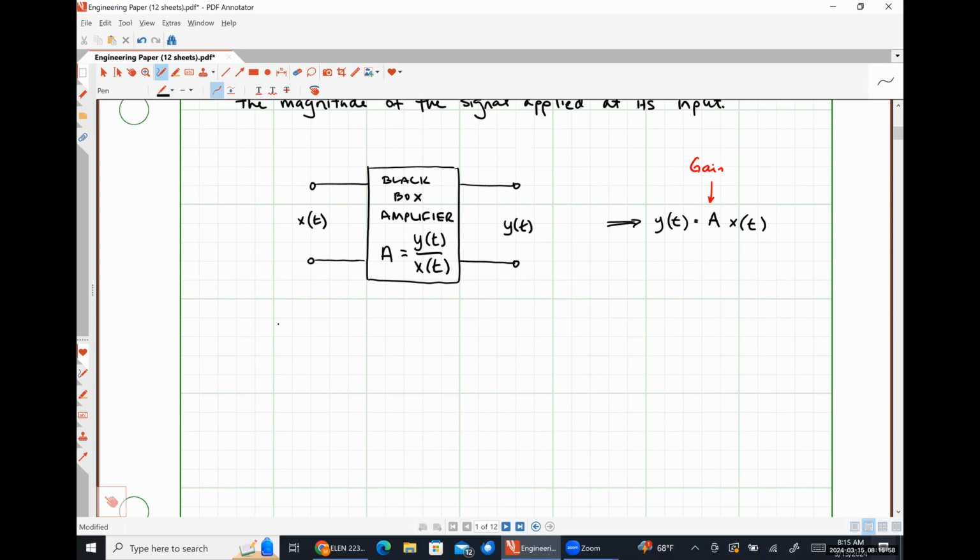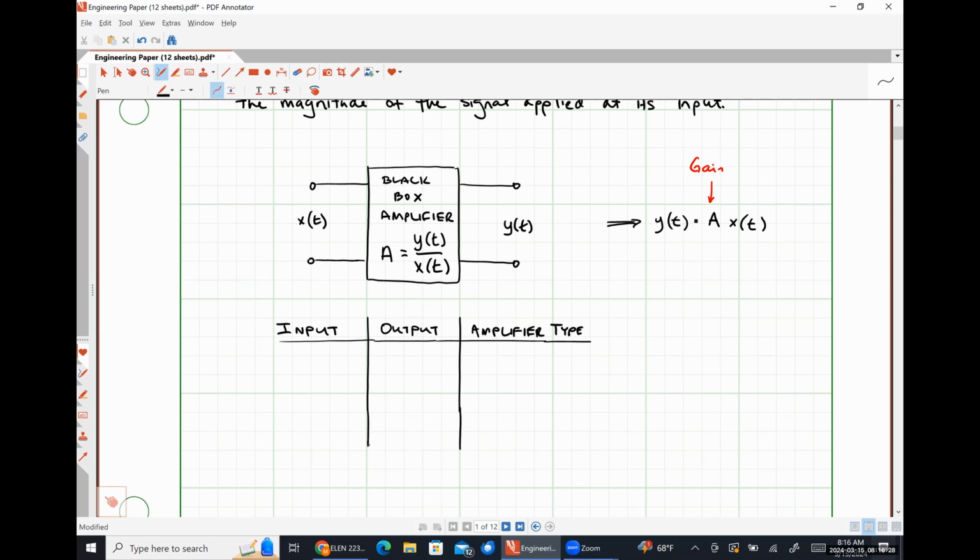So I'm going to make a simple table here. Let's put input in the left column, output in a middle column, and amplifier type over here in this rightmost column.